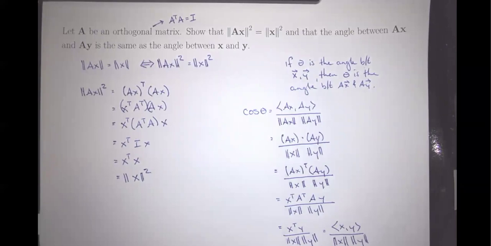And obviously what we've shown here is that the two things are indeed equal. So orthogonal matrices have this important property that they preserve lengths and they preserve angles.